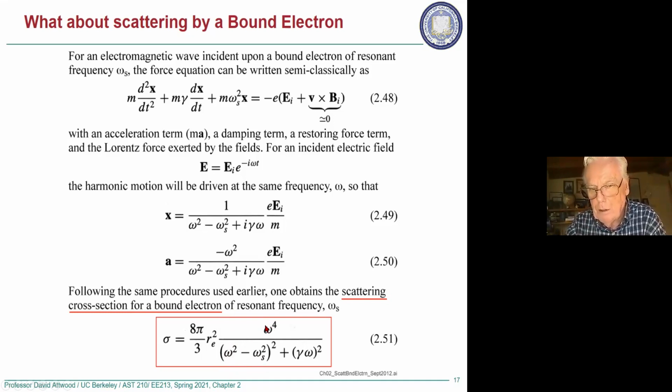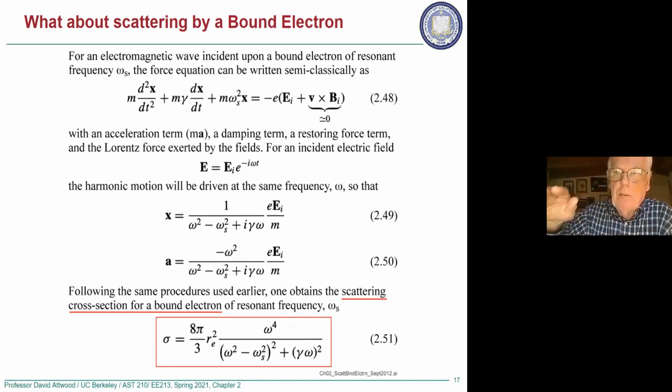So you'll have omega to the fourth, this will become omega to the fourth, and this will be large compared to the loss part also, and you'll get back to the single free electron case. So for very high X-ray energies, well above all the resonances, each of the electrons acts like a free electron. It's why, when we were looking at that atomic scattering cross-section, F1, the real part, leveled off at roughly the number of electrons in the atom.